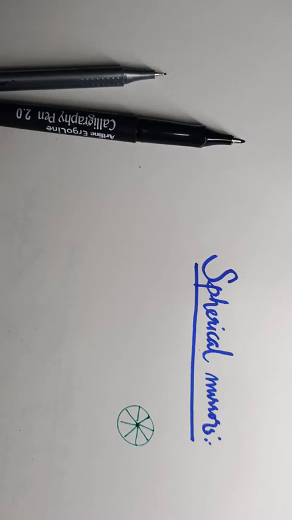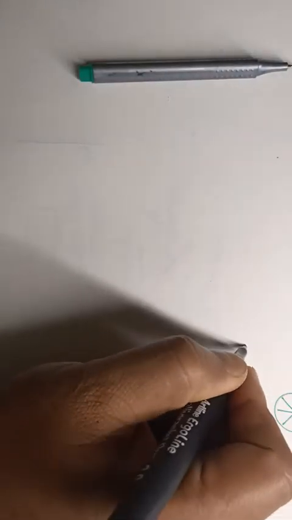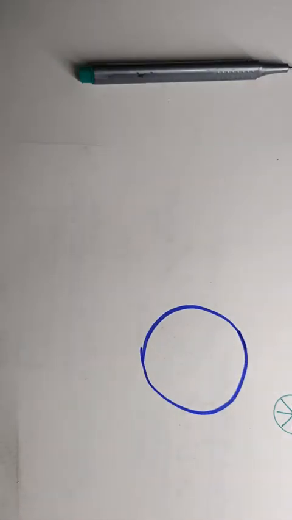The next thing is coming to spherical mirrors. As I said, spherical mirrors are mirrors which are part of a sphere. So let's say I have a sphere here, clear?